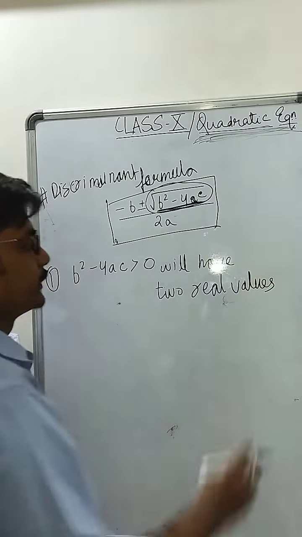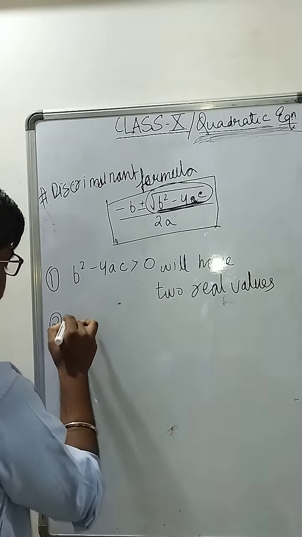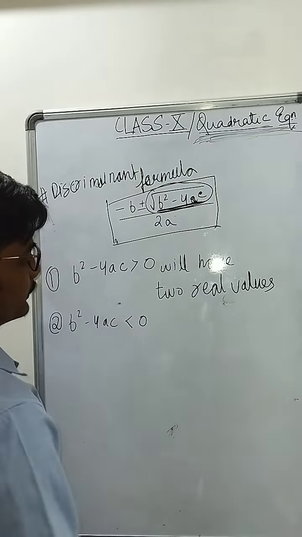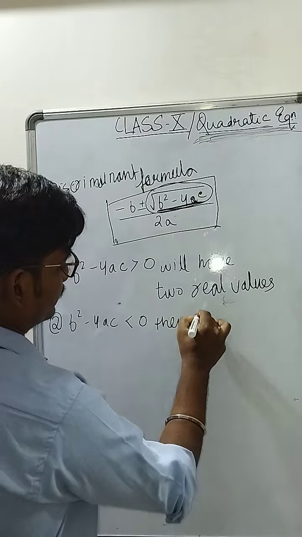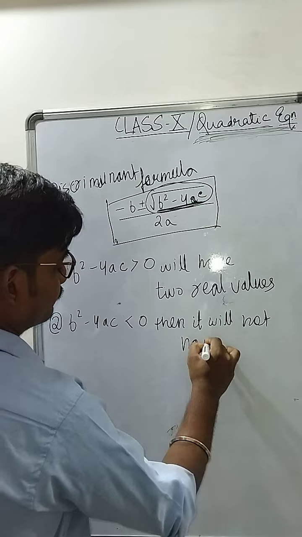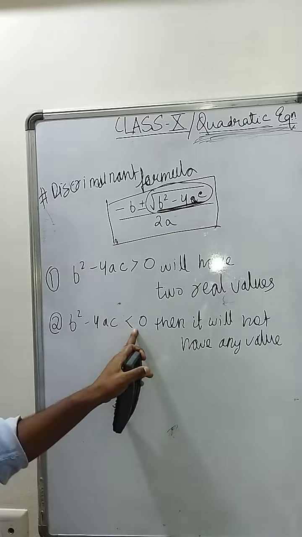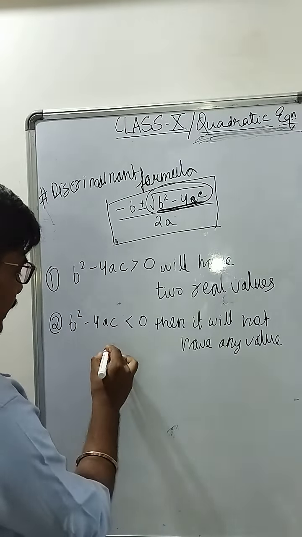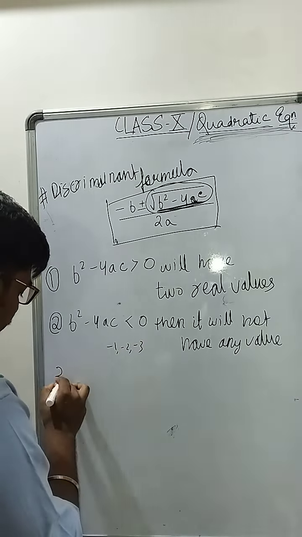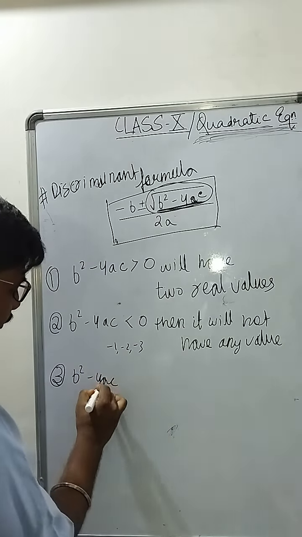Next, if b square minus 4ac is less than 0, then it will not have any real value, like minus 1 or minus 2 or minus 3.